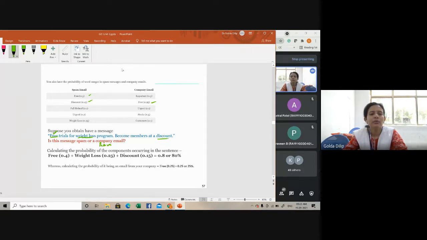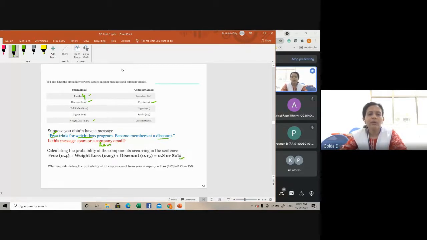So first let's calculate the probability of occurrence of these in the sentence. Free in the spam email, let's assume this is 0.4. So free is 0.4, weight loss is 0.25, and discount is 0.15. So it is 80%.